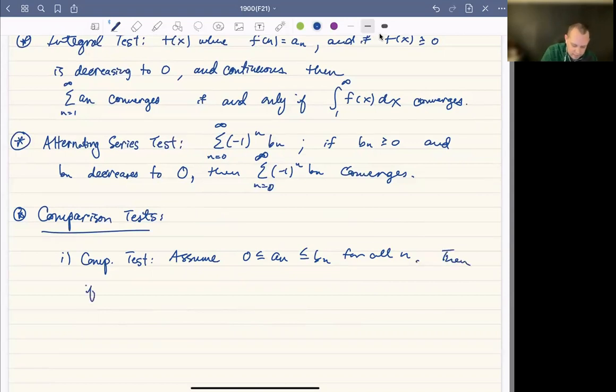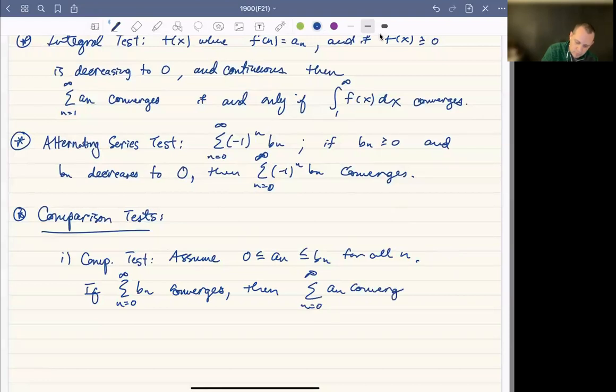Then if the sum of the terms b_n converges, and again, my inner mathematician is annoyed at the wording, but if the series b_n converges, then the sum of a_n converges too. Intuitively, this says that if the values a_n are smaller than b_n, and the sum of all the values of b_n converges, then the sum of the smaller values converges too.